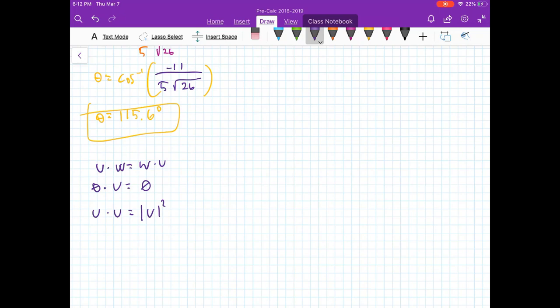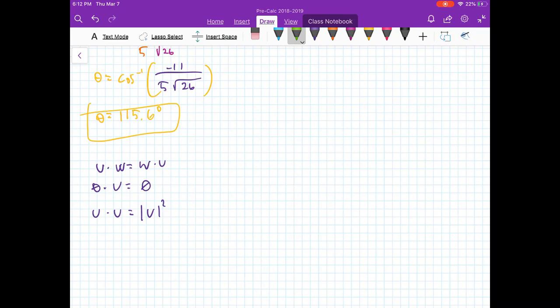You can't just say u times u equals u squared. You normally think that. That's not what's happening. You've got to stick that magnitude in there, because we're saying how big is this? We're taking the vector and multiplying it upon itself, which wouldn't make much sense unless you have this magnitude. Here's a way to really see it play out.